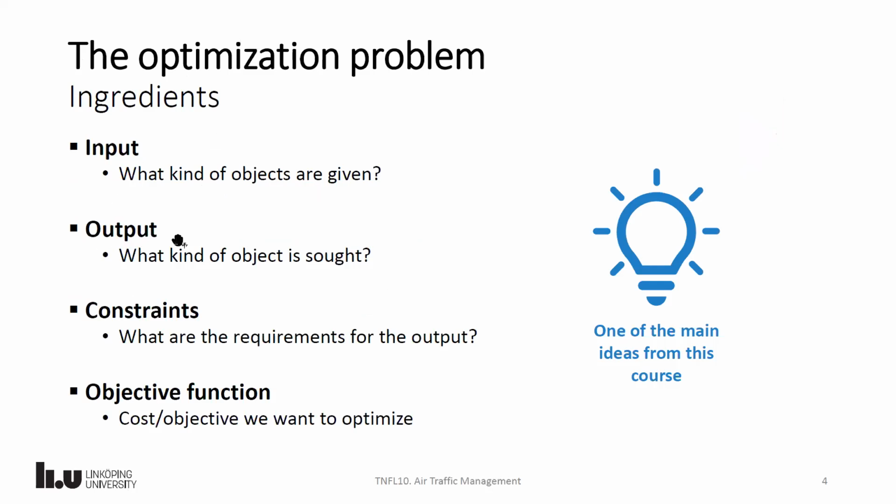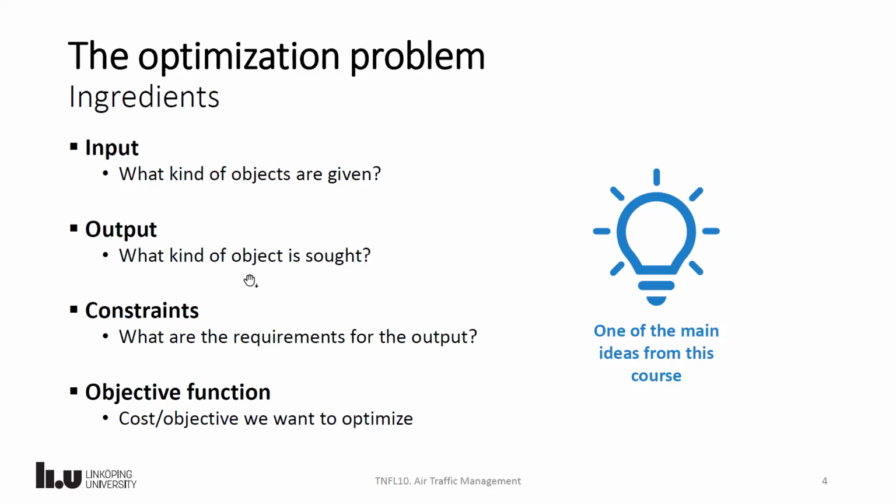Then we have an output, which is the object that we are trying to find, the object that is sought. Then we have some constraints that are the requirements for that output. And finally, the objective function, which is a function that defines the cost or the objective that we want to optimize.